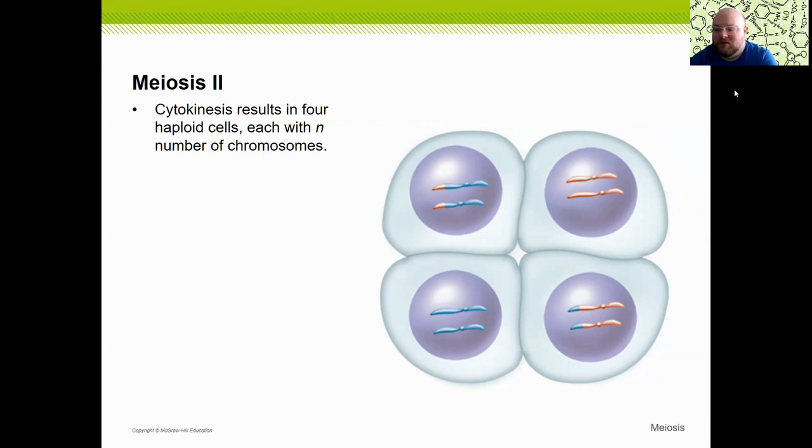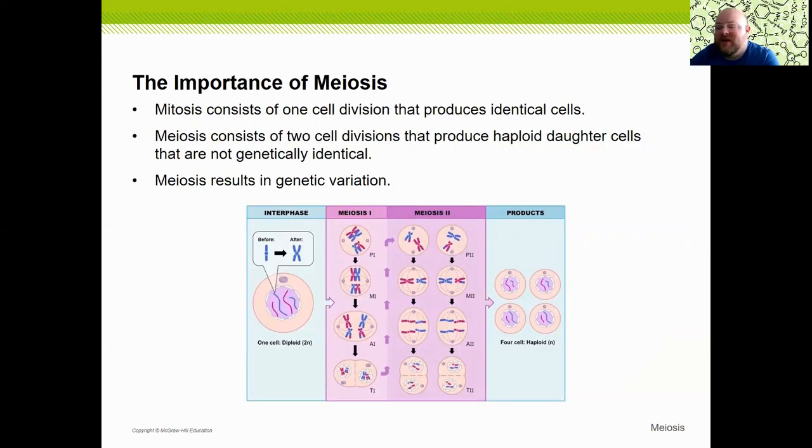But let's keep going. Meiosis is very important. Mitosis, which we talked about in the past, consists of one cell division that produces identical cells. Meiosis, which we're talking about today, consists of 2 cell divisions that produce haploid daughter cells that are not genetically identical.